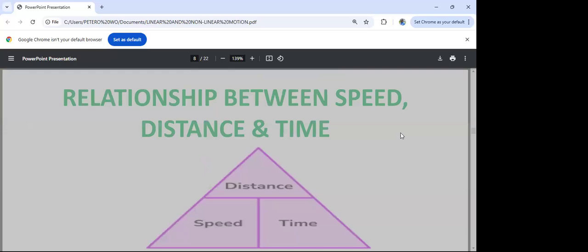So on our screen, we have a triangle which has distance at the top, and then speed and time at the bottom.